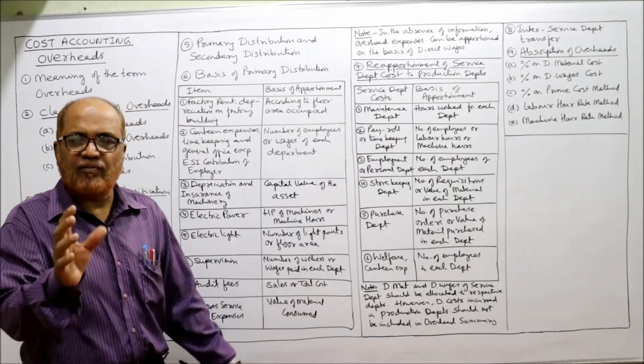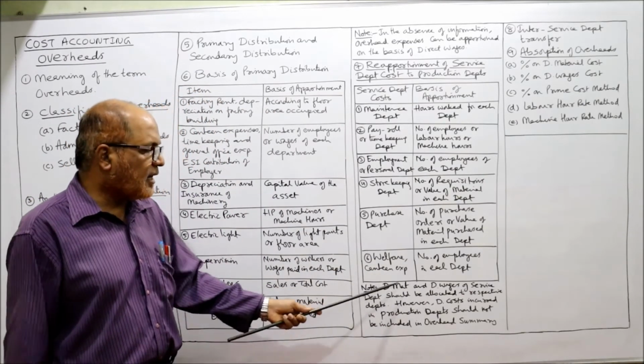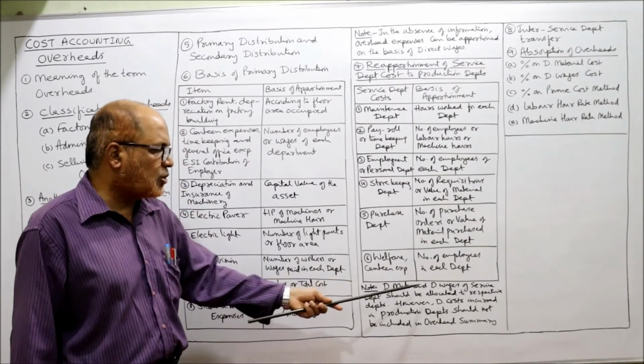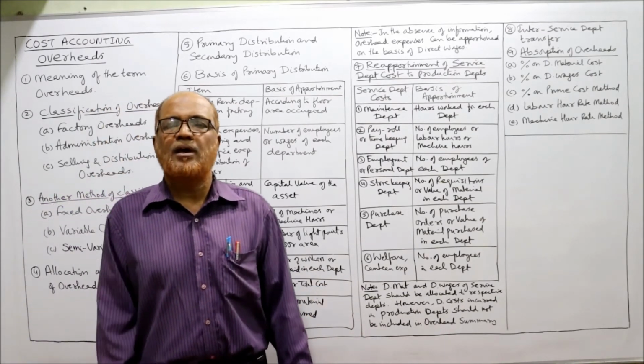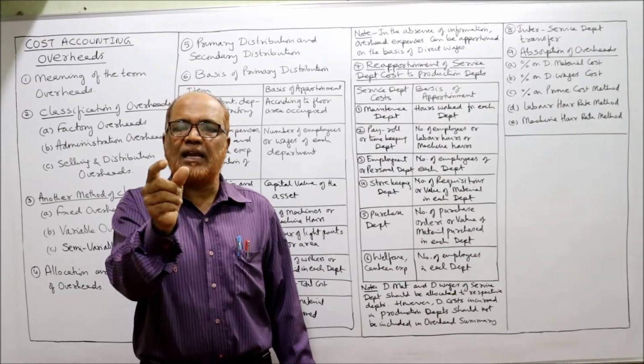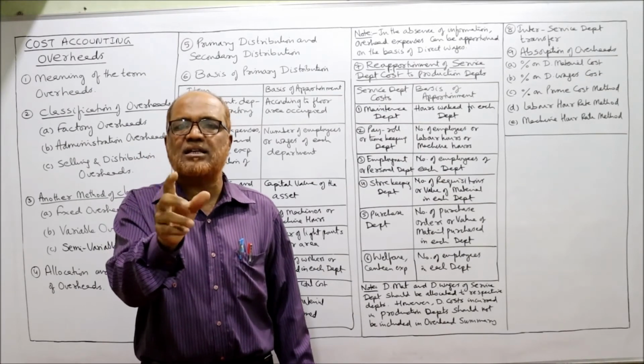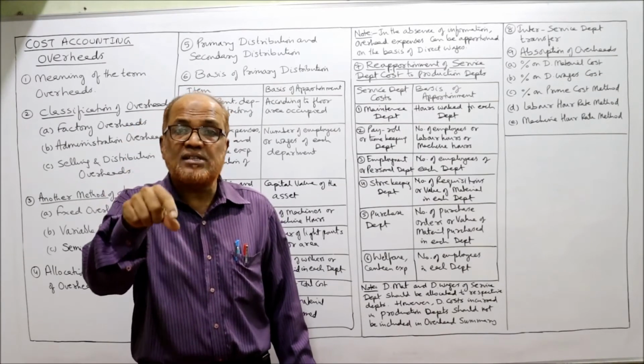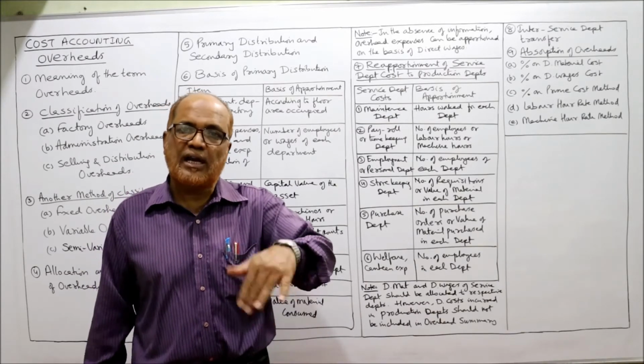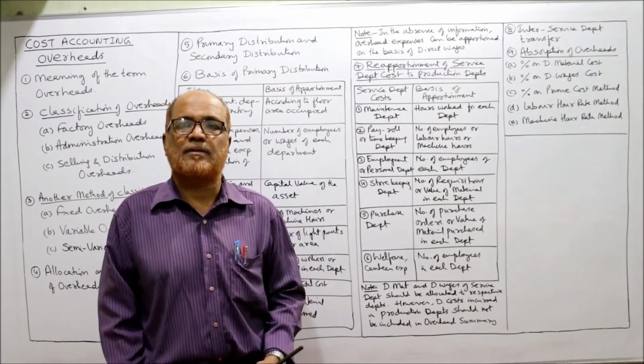Now one note, a very important note you have to remember. Direct material and direct wages of service departments should be allocated to the respective departments. If direct material, direct wages and direct expenses of a service department are given, then we should take them in the respective service department.